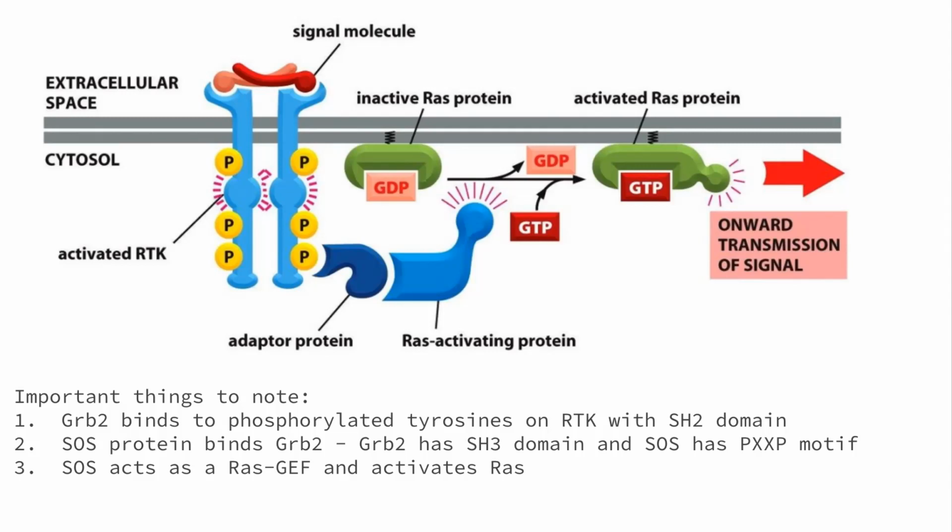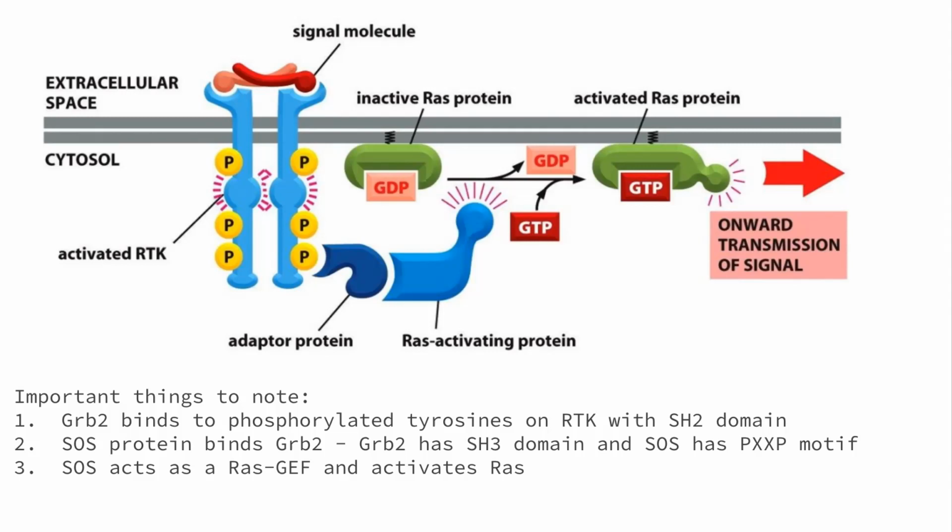Yes. The PXXP motif would be right over here. Right, so the SH2 domain is here, then it has the SH3 domain over here, and that's where the PXXP motif binds. So connected there.